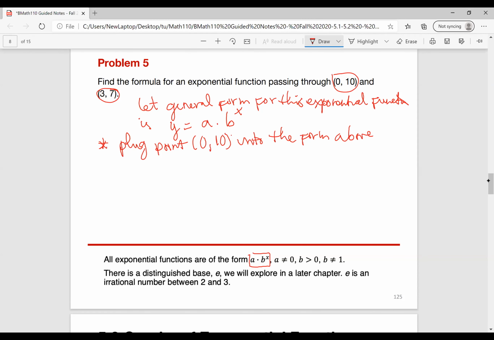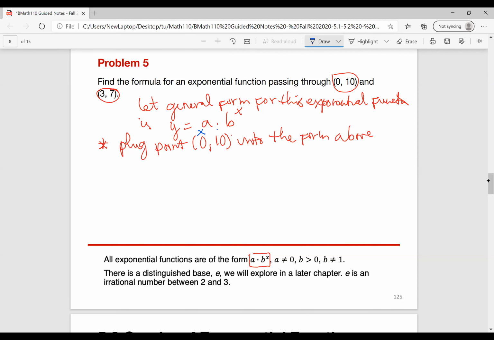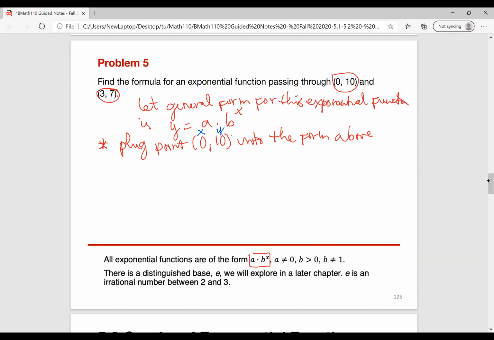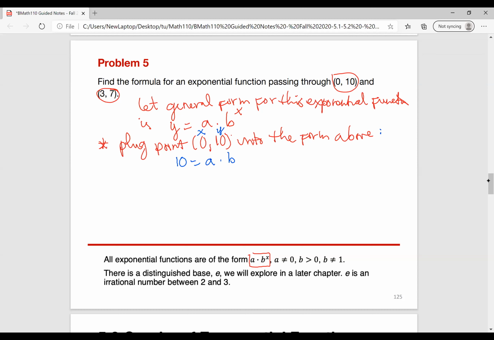So y becomes 10, equal to a times b to the power of x, but x will be 0. So what do I have now?